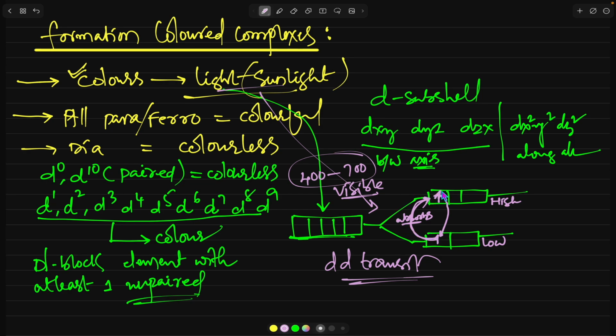But when this electron goes back home, it has to emit the absorbed energy. So when a substance absorbs sunlight and releases it, it will be colorful, right? So this DD transition is possible in all these configurations, D1 to D9 configurations.